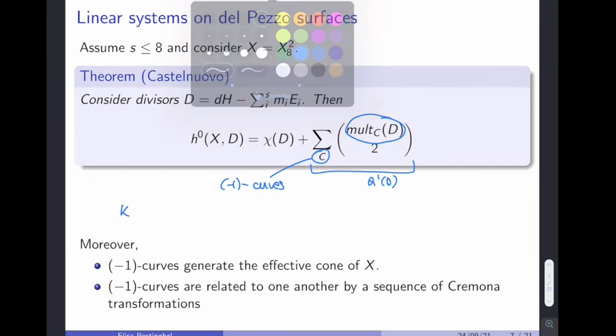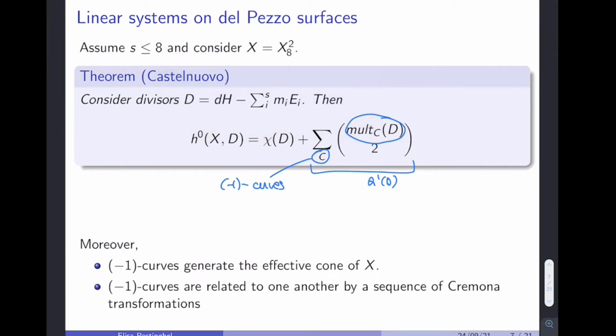That's the multiplicity of containment of C in the base locus of D. And this number is computed very easily. We just take the negative of the intersection number between C and D. If this number is negative, I don't consider it. If it's positive, that's going to be my multiplicity of containment. That's something that is possible to prove, and that Castelnuovo certainly did prove.